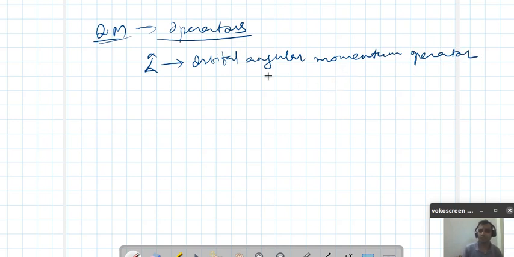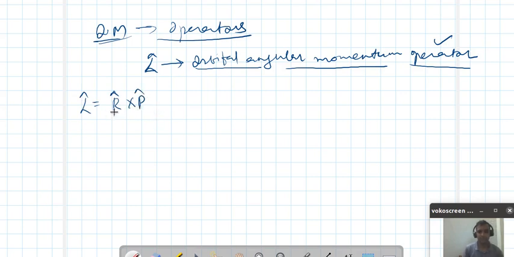That's why I'm calling it orbital angular momentum. And as I'm talking about quantum mechanics, I'm introducing its operator. So let me define its operator as r cross p.